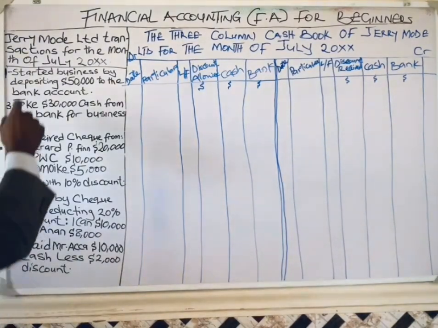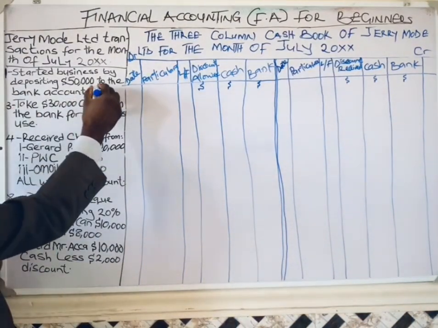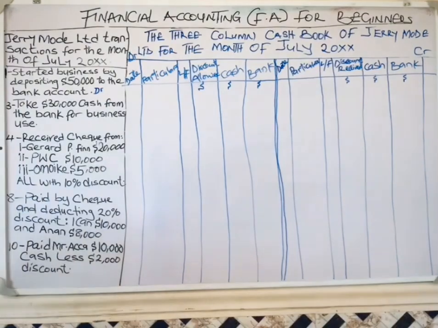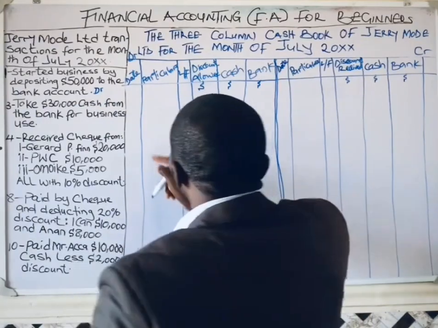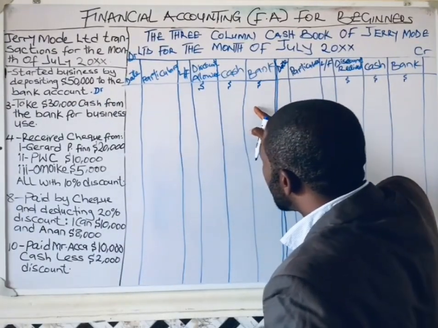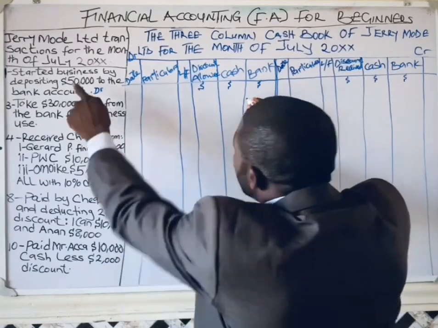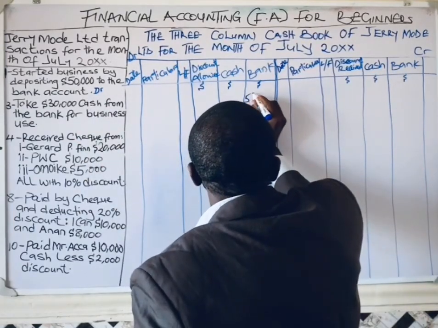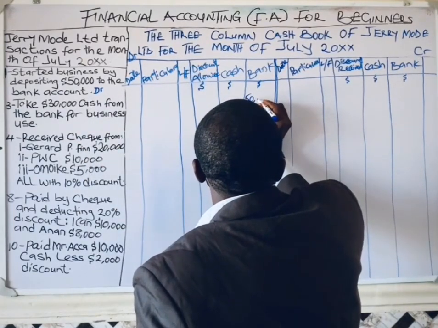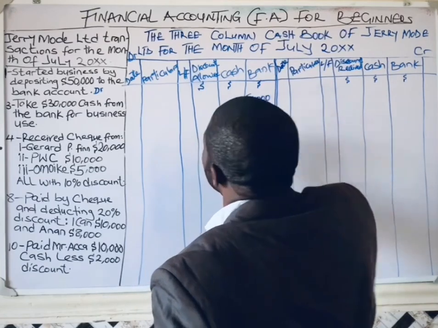So this is a debit transaction, because the bank is receiving. You go to the bank side of the cash book, at the debit side, the bank is receiving $50,000.